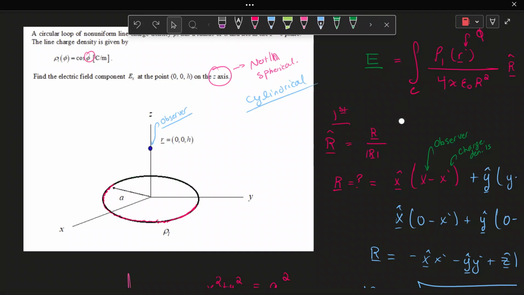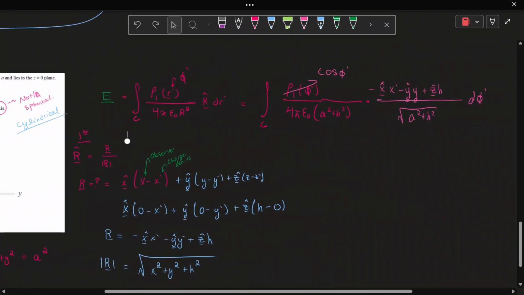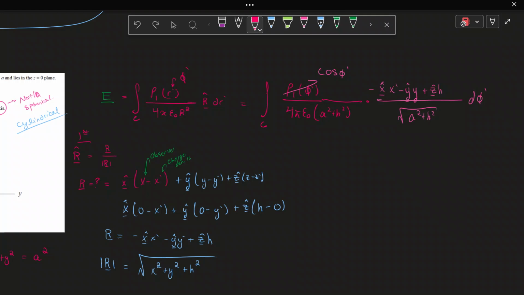I mean, you could probably get away with not writing it, but just to make sure he doesn't take off any points for that, I don't think he would, but he might be picky, especially when you have different charges running around. But in this case, you don't, so I wouldn't worry too much about it. Hopefully, y'all understand where I got this from.